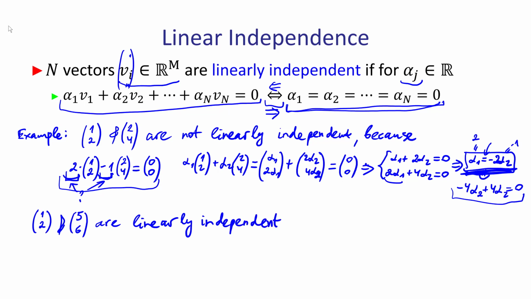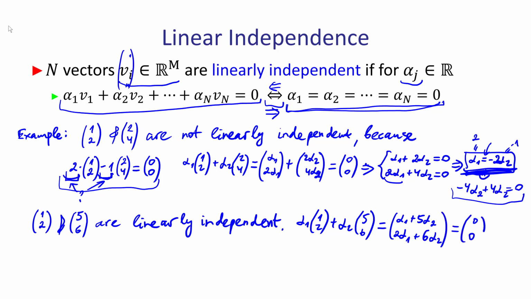So, how do I know it? Let's write it in general form. I have alpha 1 times (1, 2) plus alpha 2 times (5, 6), and this is equal to (alpha 1 plus 5 alpha 2, twice alpha 1 plus 6 alpha 2) equals (0, 0).